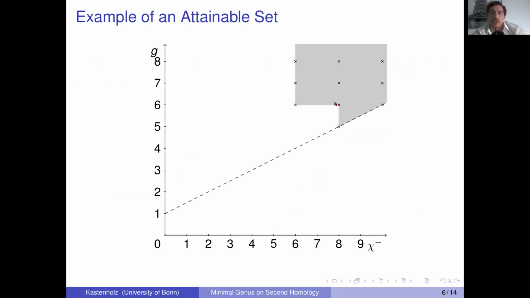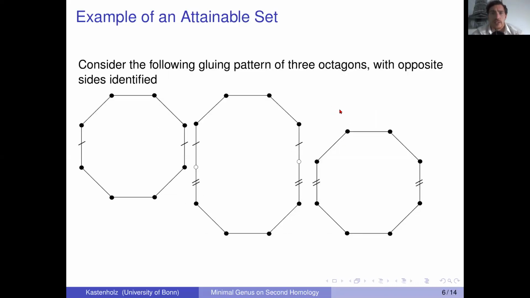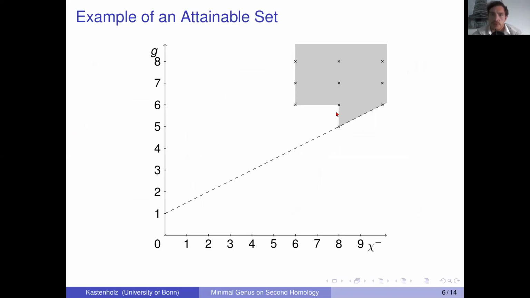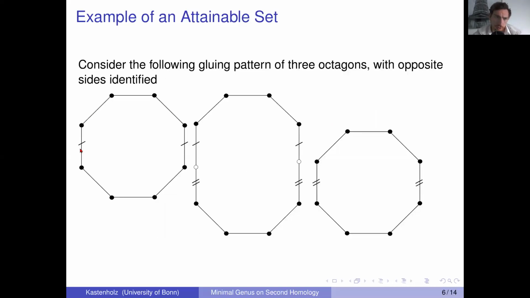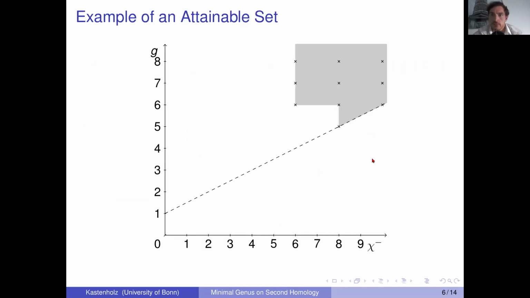Then there's this class here, which is basically given by taking, for example, just a contour of these two octagons, which gives you a surface of genus 4, and this cell here, which gives you a surface of genus 2. So these are given by a surface of genus 4 and a surface of genus 2. And then there's this guy here, which is going to be just a contour of this gluing pattern, which gives you a surface of genus 5.